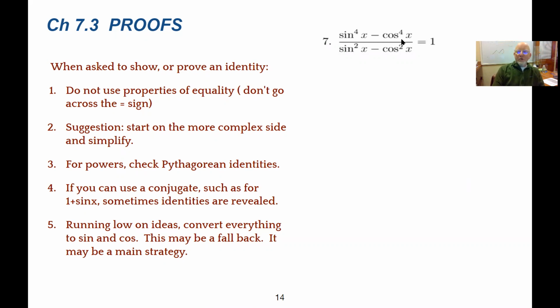So let's see what we're going to do with this. When I see minus signs in between two things that are squared, or to the fourth power, or to the sixth power, or the eighth power, or any even power, I tend to think difference of squares. So we have a lot of that difference of squares going on here for sure.